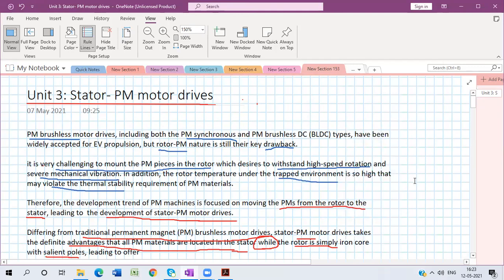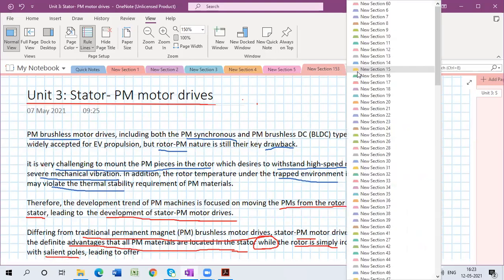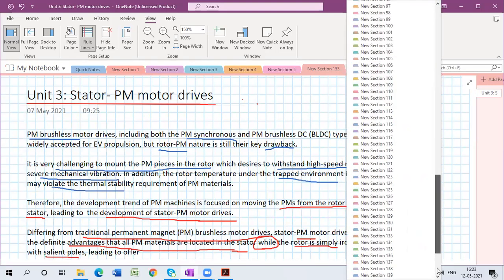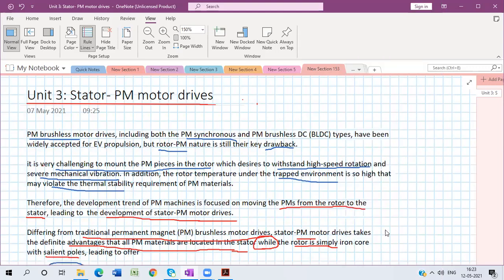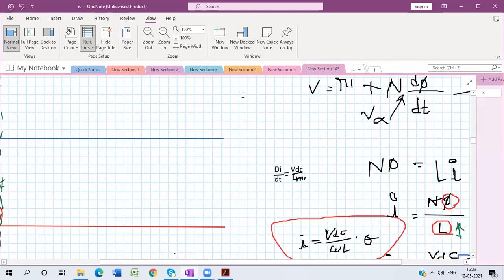Yes. Are you able to 150? 1 minute. Yes. This is the. I will just.